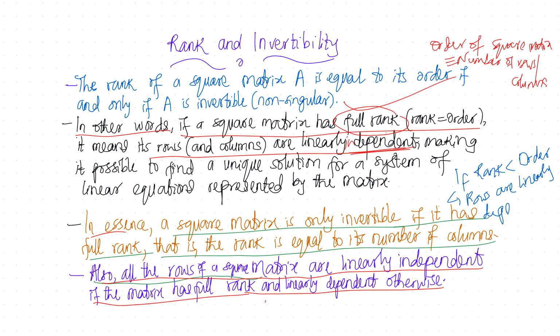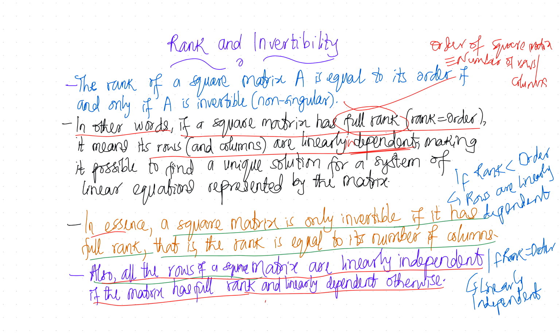But if rank is equal to order, then you have linearly independent rows. And if they are linearly independent, you can find the inverse. And if you can find the inverse, then you can get a unique solution to the system of equations arising from that matrix.